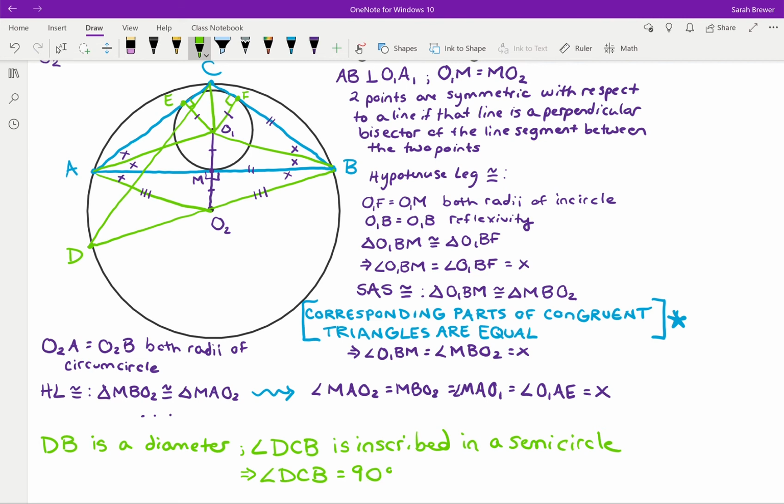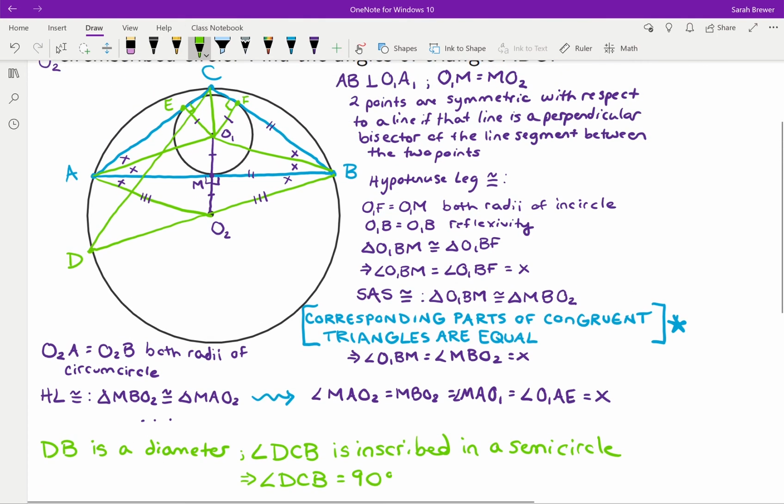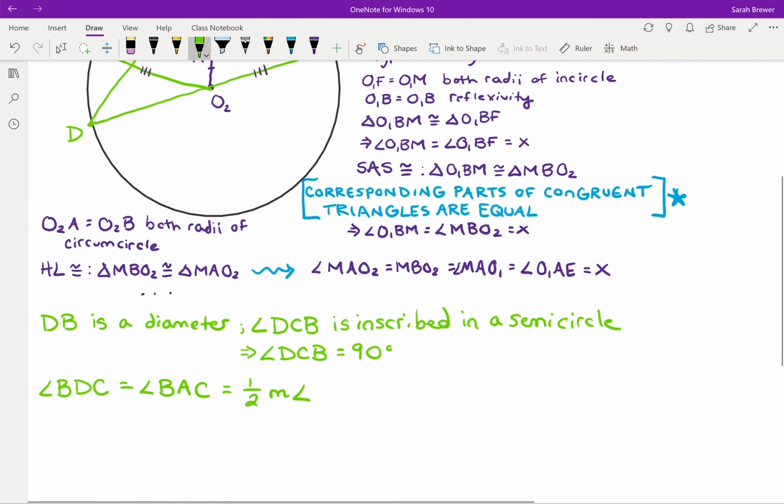Now, I want you to also notice that angle BDC is going to be equal to angle BAC because they're both inscribed angles with corresponding arc BC.